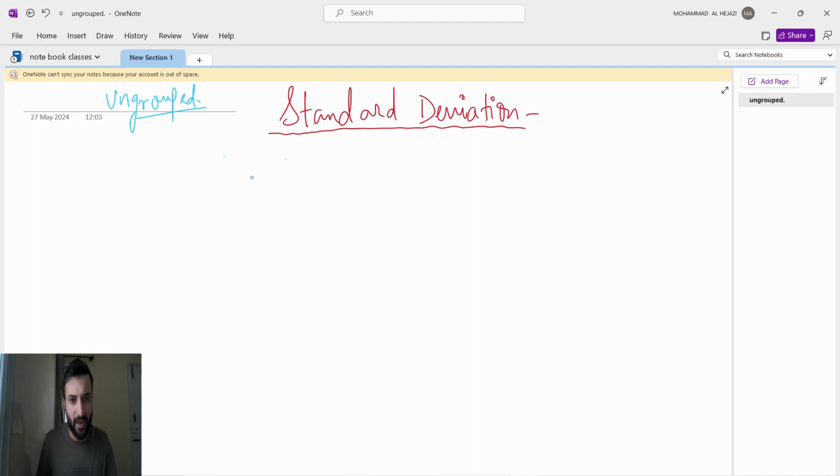Guys, see, the standard deviation formula: we have two formulas, but use this formula. One formula is enough. Standard deviation equals the square root of summation of x square divided by n minus x bar whole square.